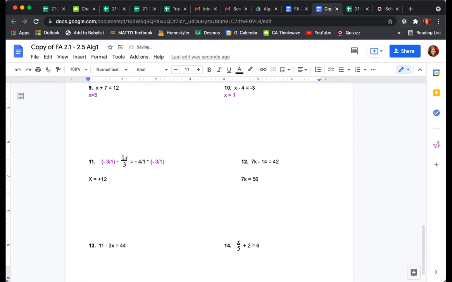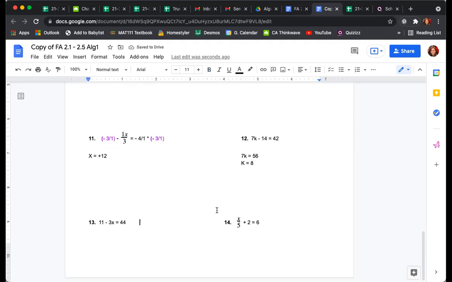Then again, working backwards, I want to solve for the variable K. Right now I have 7 times K. The only way to undo multiplication right now is to divide by 7 on both sides. 7 divided by 7 over here just leaves K. 56 divided by 7 gives me 8.